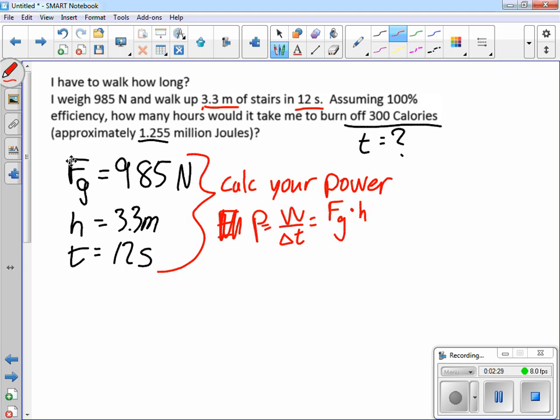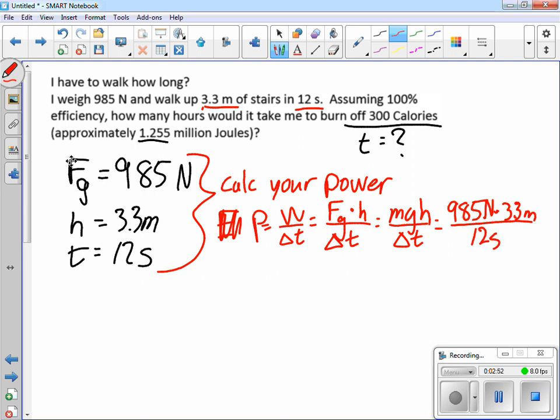So it's mgh divided by delta t, right? mgh divided by the time. So I can also think of it as the change in gravitational potential energy. Anywho, 985 newtons times 3.3 meters divided by 12 seconds.